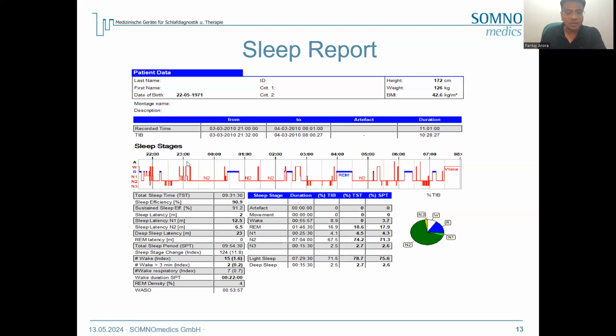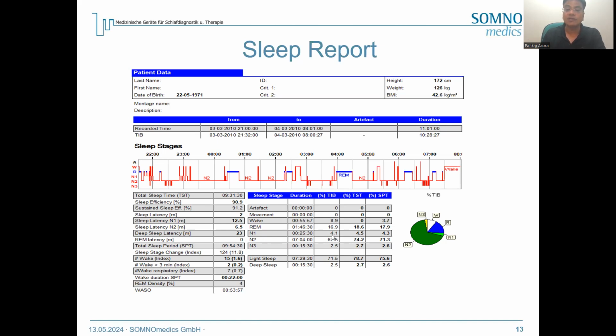In this particular case, this is the sleep hypnogram. You will appreciate that the patient is mostly in the N2 stage. As I told you, out of the total stages, N2 comprises most of the time, should be 45 to 50%, but in this case, if you see this graph, it is more than 50%.